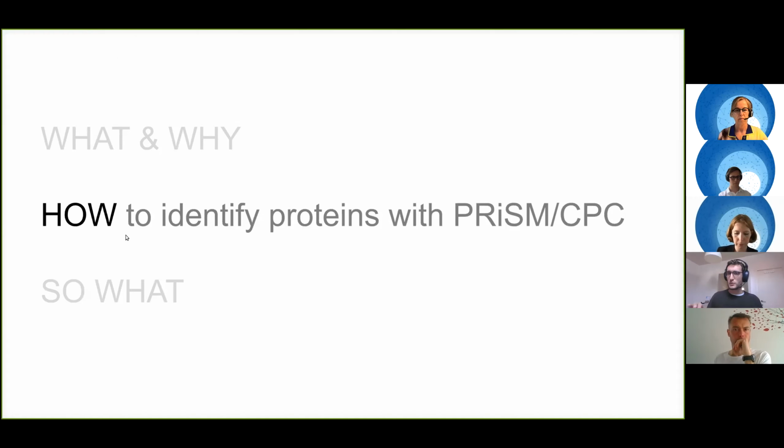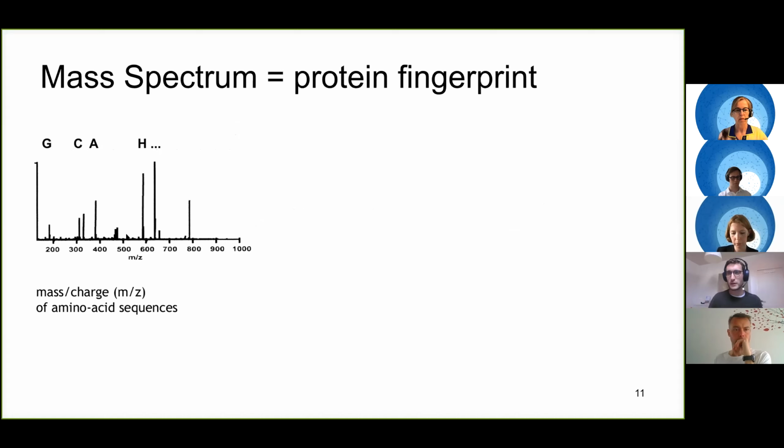Okay, now how do we do that specifically? Well, before I get to that, let me just quickly reiterate that such a mass spectrum is a chunk of protein. It's like the fingerprint of a protein. If you're an expert, you can actually interpret this by looking at the peaks, the locations, or the distances between the peaks, and infer the protein code from there. And that's exactly what some of those identification methods will do.